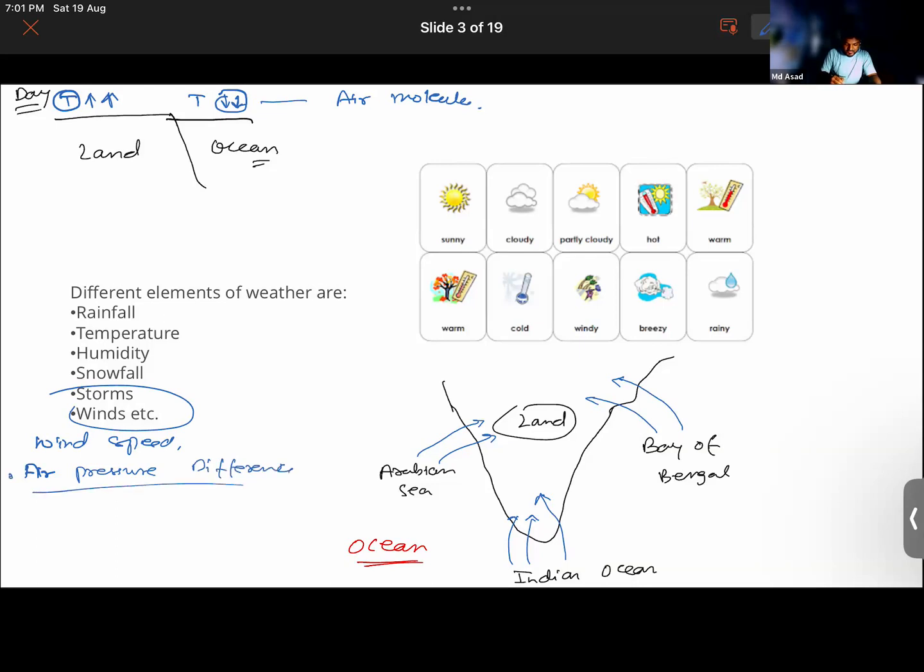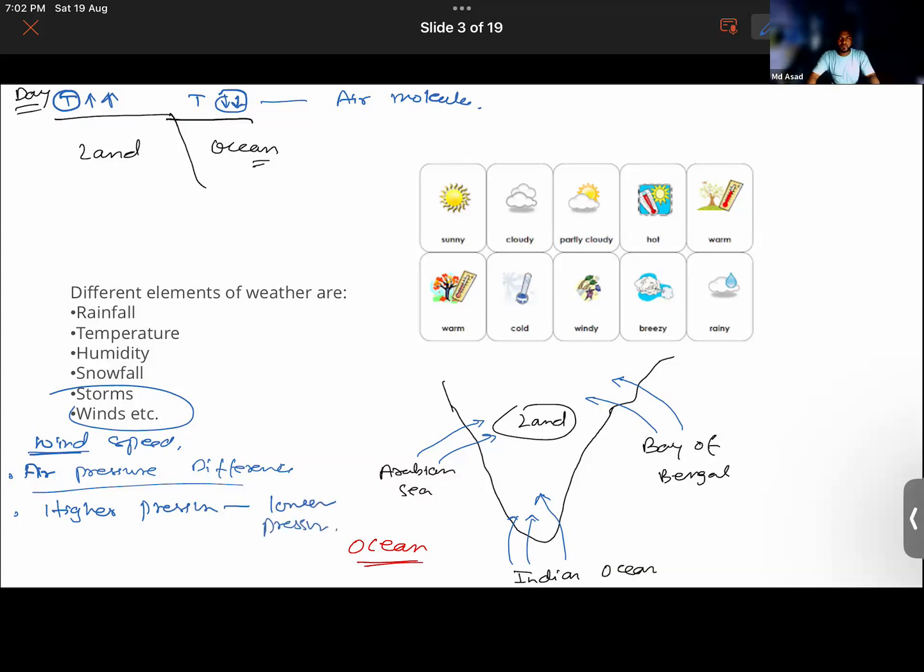The concept of wind further says that air will blow from a region of higher pressure to lower pressure, from higher pressure to lower pressure, guys.